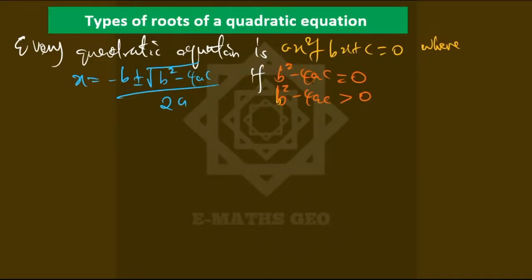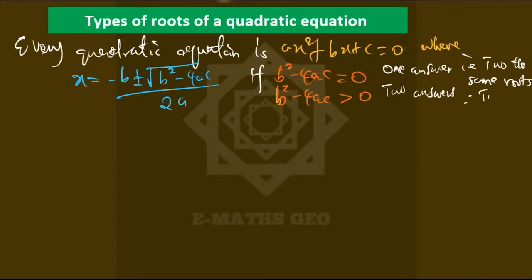The 0 case means one answer, that is two of the same roots. This one will have two different answers, meaning two different roots.